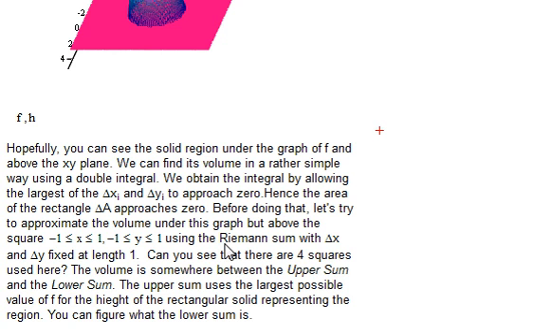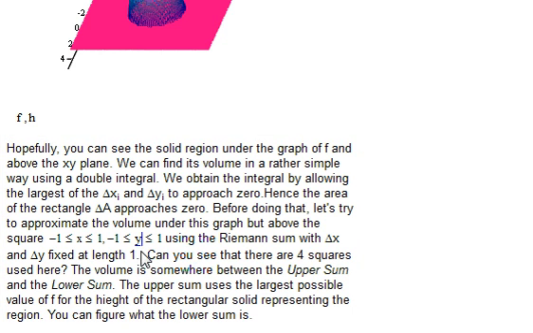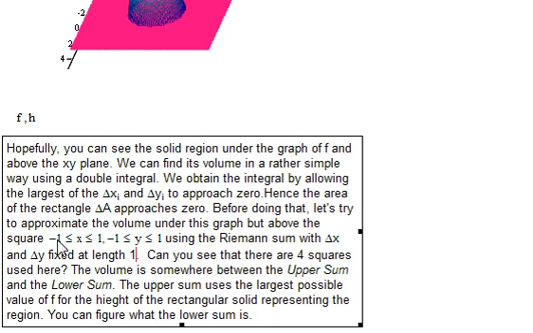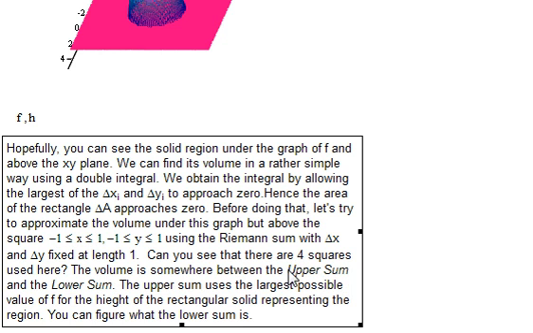So if we use the Riemann sum with delta x and delta y fixed at length 1, of course that's not approaching 0, but fixed at length 1, then that is 4 squares. The volume is somewhere between the upper sum, as if we pick the largest possible value for f of x, y, and the lower sum, as if we pick the smallest possible value for f over that square.